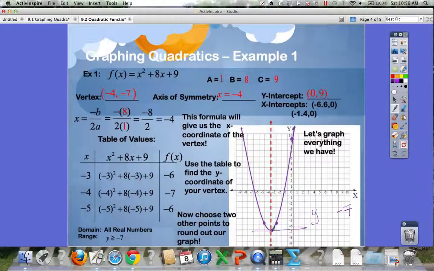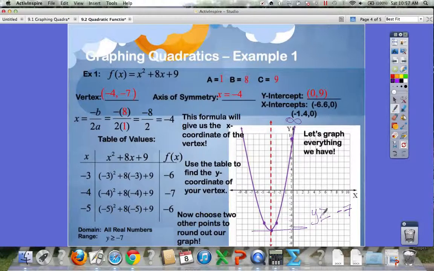And then you look and see, is it going up or is it going down? If it's going up, that would be a greater than or equal to. If it was going down, it would be a less than or equal to. So that would mean all the numbers on the y-axis from negative 7 all the way up towards positive infinity on the y.